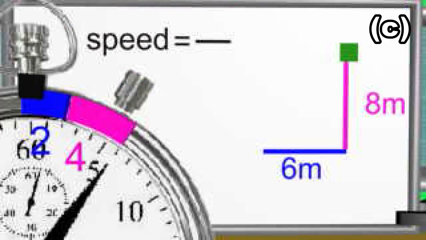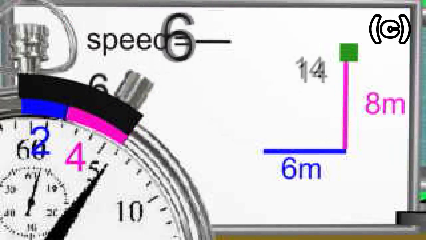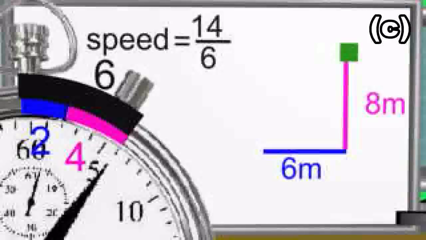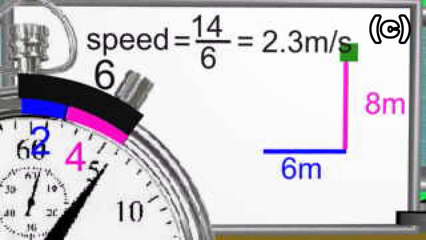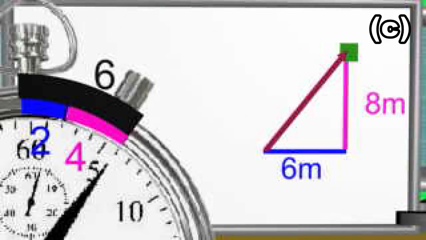Notice the total movement. The total time is equal to 6 seconds. During this time interval, the moving object traveled 14 meters. Speed is equal to To calculate velocity, we need to calculate displacement, which is a vector. To calculate this vector, we need to calculate the hypotenuse of the right triangle. To do this, we need the Pythagorean theorem.